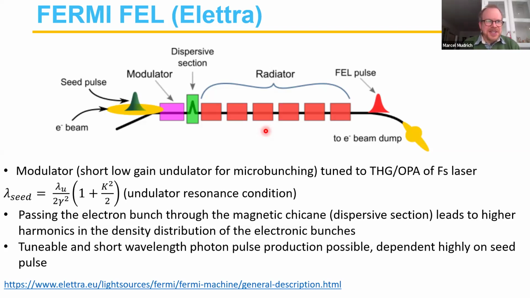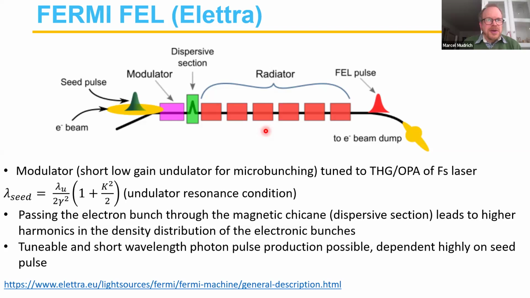So where does the HGHG process start in this scheme? It's the seed pulse, so we have to tune the seed pulse. Exactly. You have to tune the seed also, and accordingly adjust the radiator to the proper photon energy.